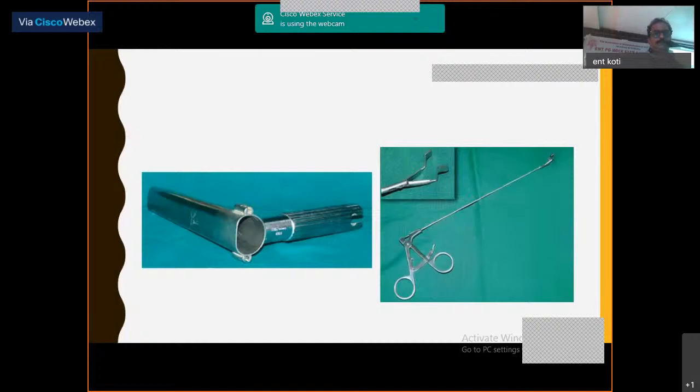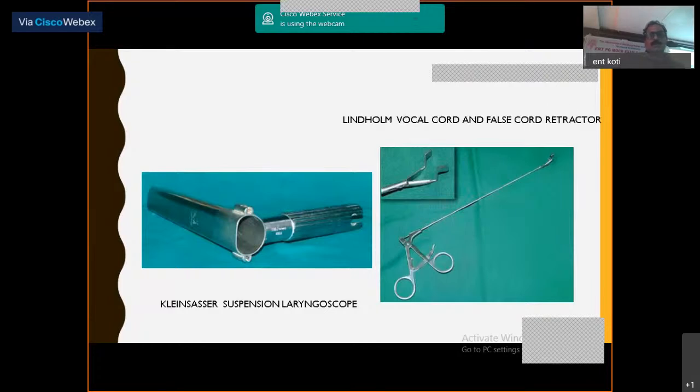This one is for microlaryngeal surgery. Sahasra suspension laryngoscope. And this is for the vocal cord and false cord retractor.